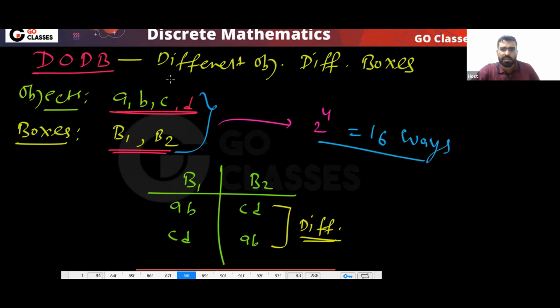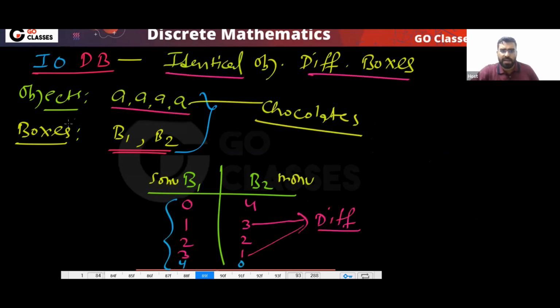So when you have different objects, different boxes, then you have 16 ways. And if you have identical objects, different boxes, like chocolates that you are giving to Sonu and Monu, only these numbers will matter.